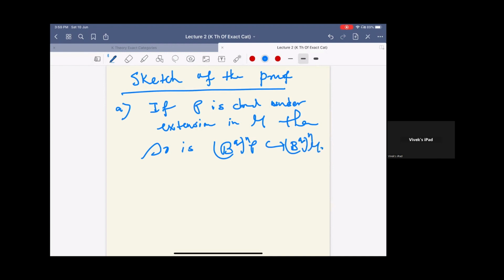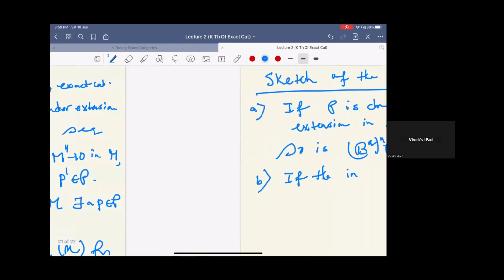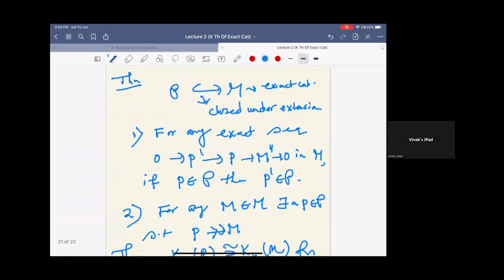Okay, if rho is closed under extension in M, then the binary complex level is also closed under extension. That you have to check first. So this is the first line of the theorem, right? That rho is a subcategory of the exact category M and closed under extension.